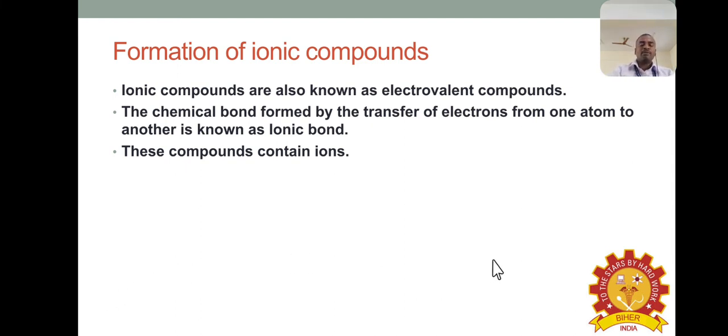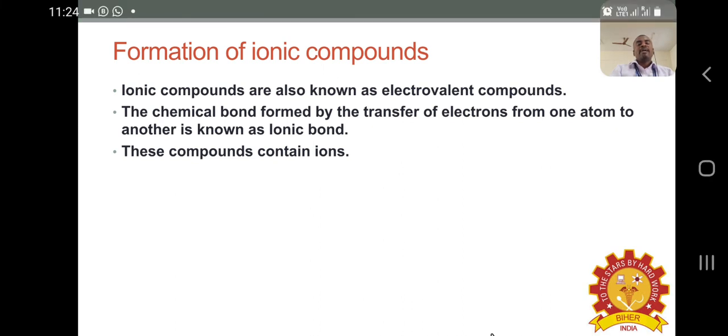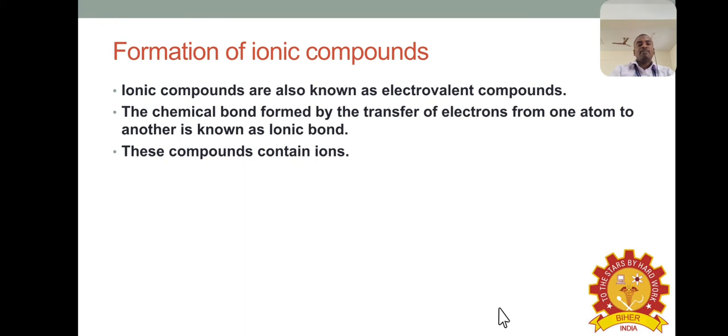Generally, ionic compounds form in 3 steps. Step 1 is formation of cation. Step 2 is formation of anion. Step 3 is combination of cations and anions. This is the formation of the ionic compound.